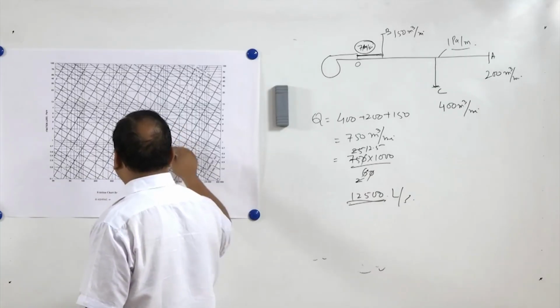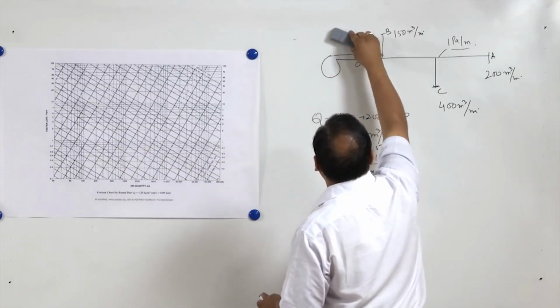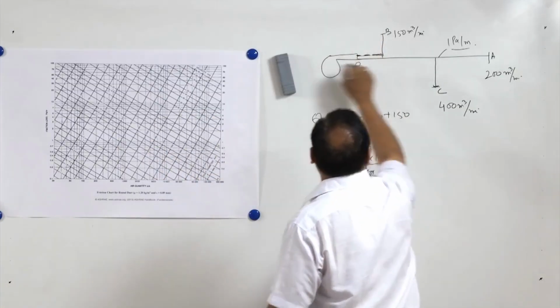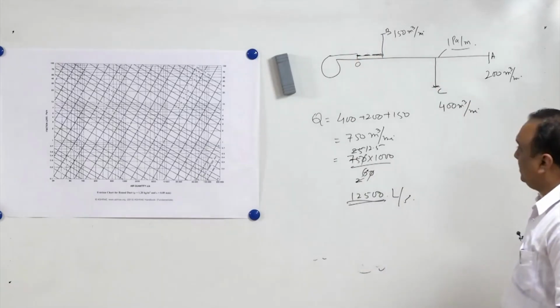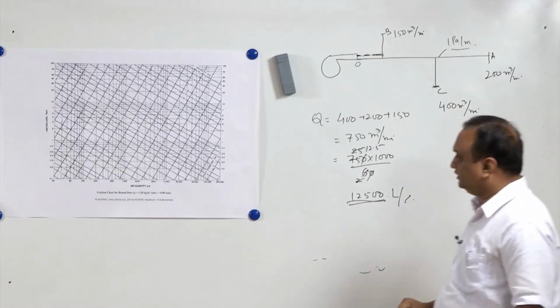Then we have 2 riders. Initially we will remove this rider, 7 meter per second. We will have only 1 Pascal per meter and this much of discharge.